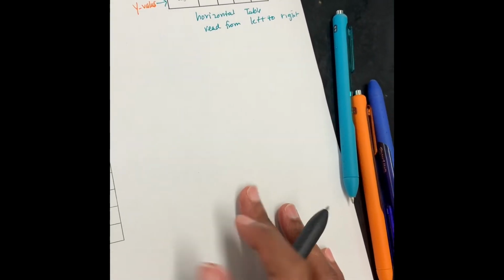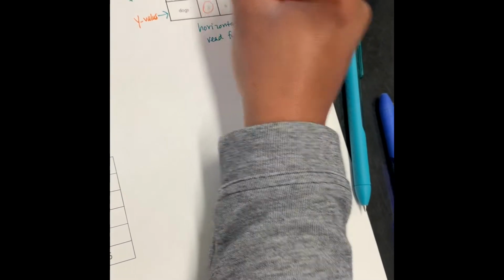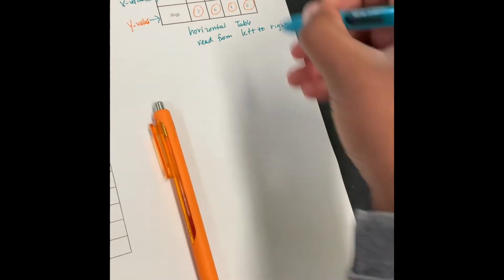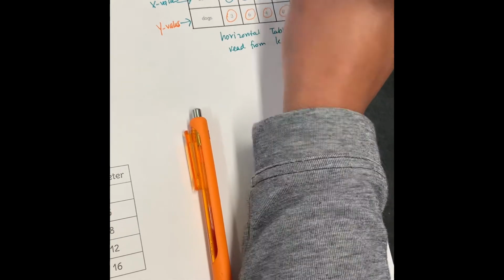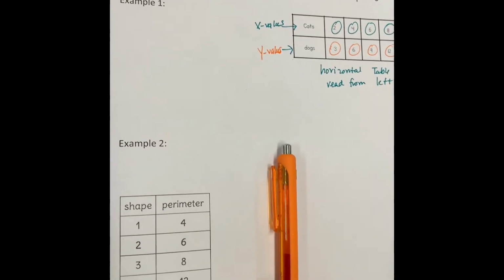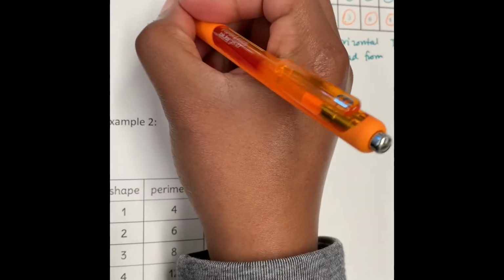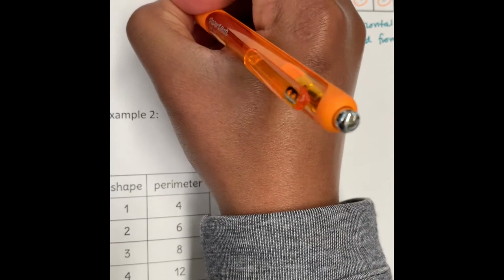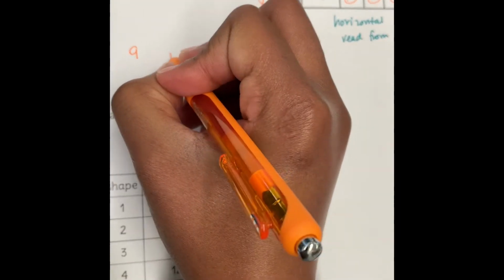Okay, so that's my steps to determine if it's proportional. I do that for each one. So here are my y values, and here are my x values. My first one is 3, my next one 6, my next one 9, and my next one 12.